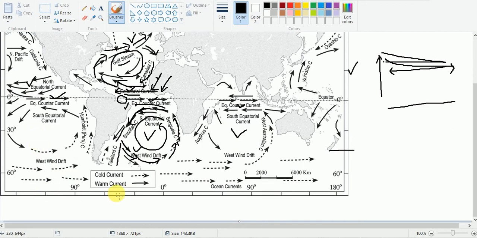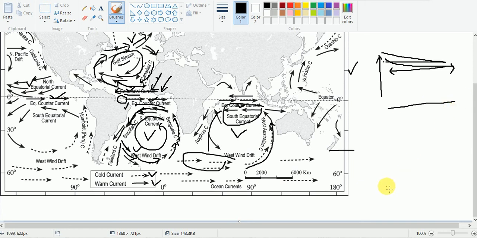Just see the index: solid arrow shows warm current, and broken lines show cold current, so all these are cold currents, and these are warm currents. So warm ocean currents transport heat towards the pole, and from the polar areas, cold water is transported towards the equator.